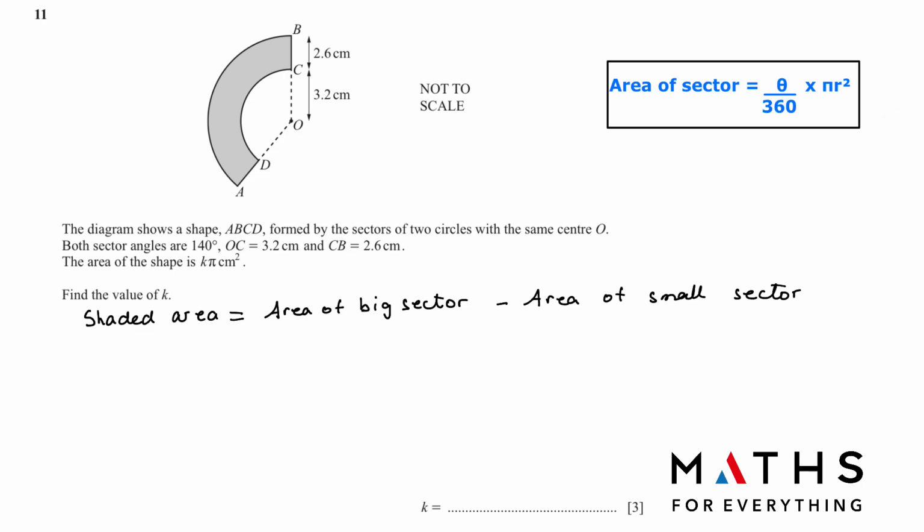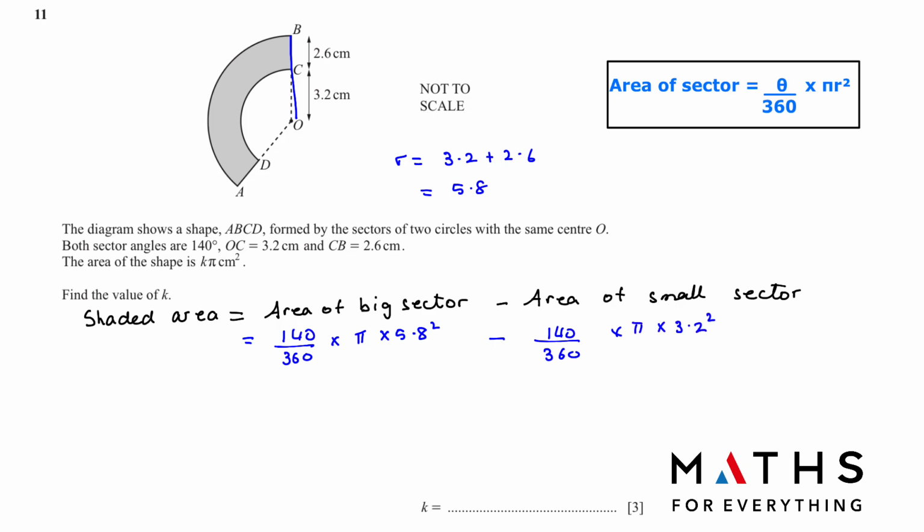So let's write 140 over 360 multiplied by pi. What is our r for the big one? Radius is 3.2 plus 2.6 which is 5.8, minus area of small sector which is 140 over 360 multiplied by pi multiplied by 3.2 square.